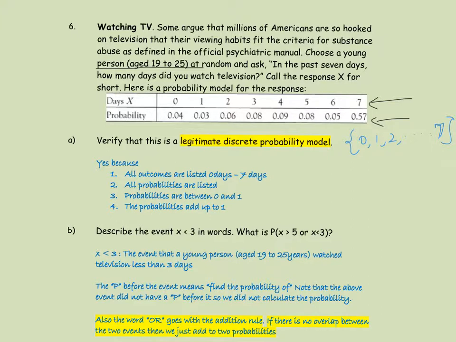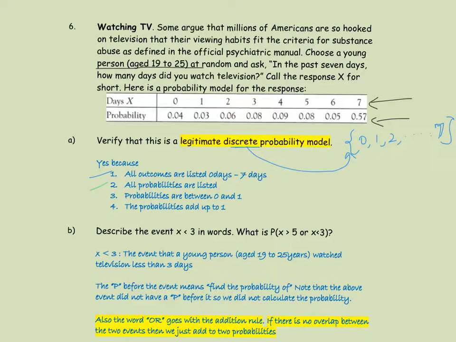Now the first question says, is this a legitimate discrete probability model? It is discrete because the individual outcomes can be listed. So if all outcomes are listed, we're checking off the 4 conditions. Are all probabilities listed?